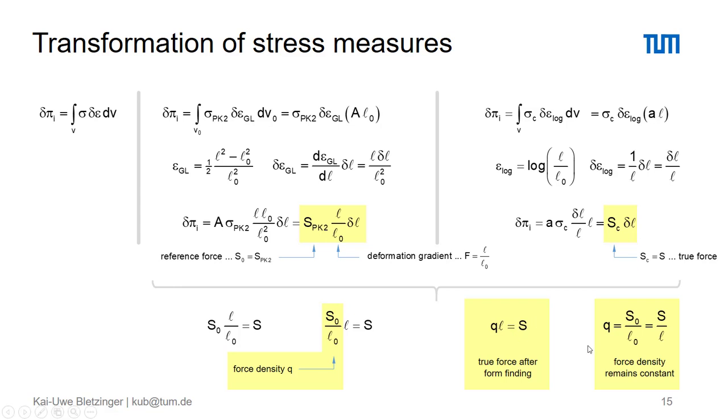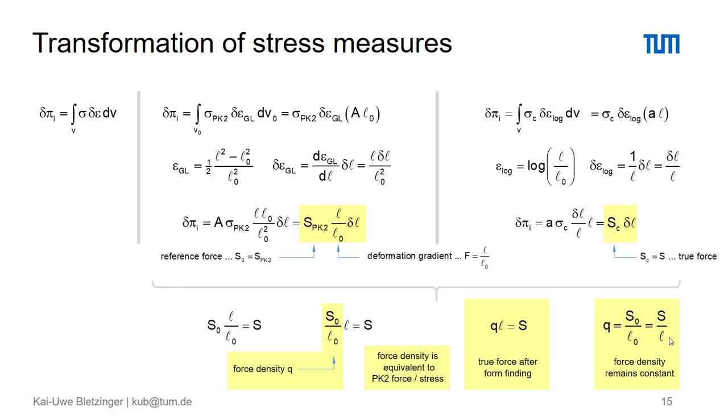And furthermore, we can state that the force density is the ratio of the reference force over the reference length, but also look at this one here, the ratio of the actual force over the actual length, which tells us again that the force density remains constant throughout the complete history of deformation, because simultaneously the actual force is modified together with the actual length by the same scale.